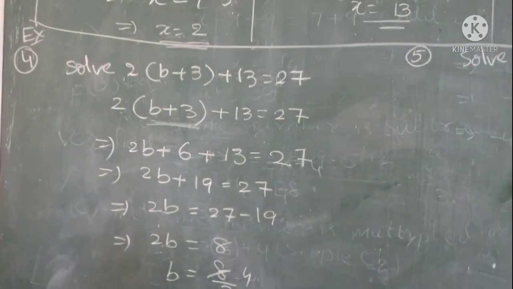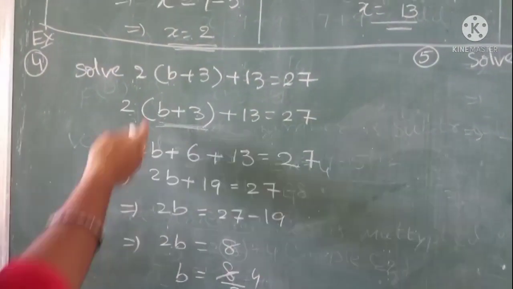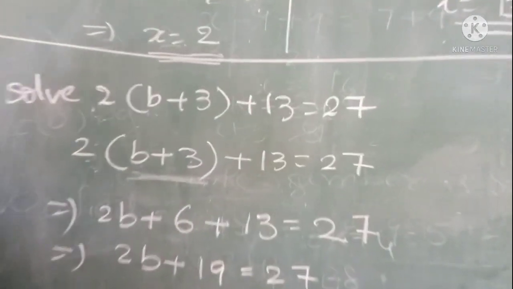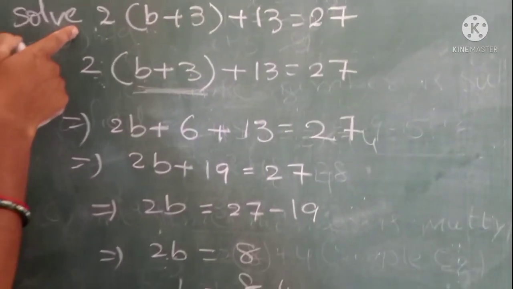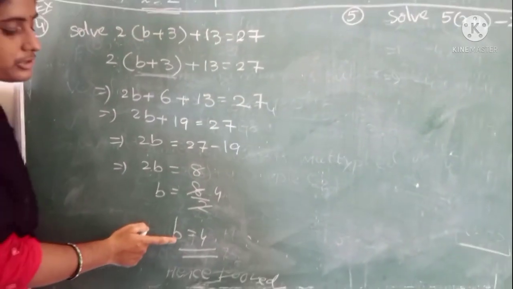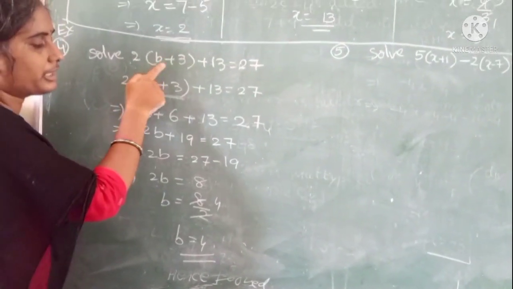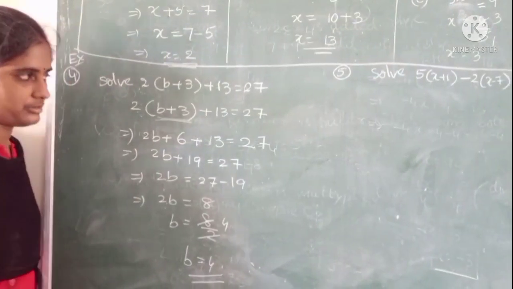This is the solution of the given linear simple equation. We substitute the b value 4 in this equation, LHS is equal to RHS.